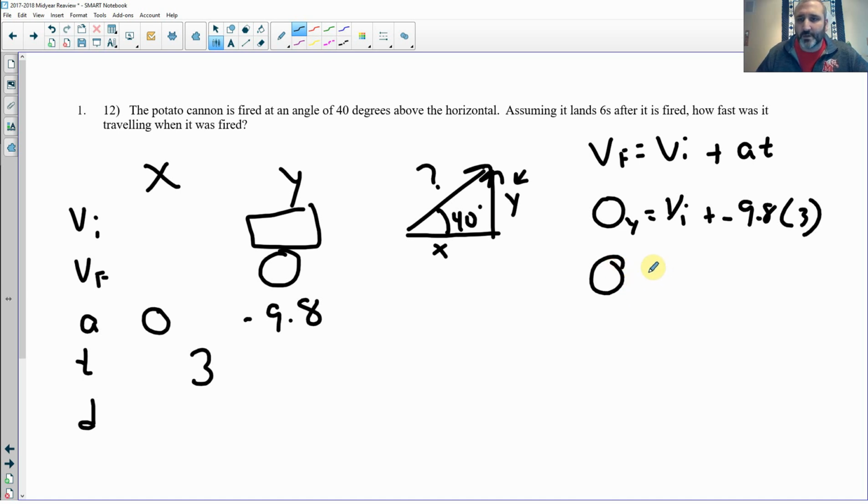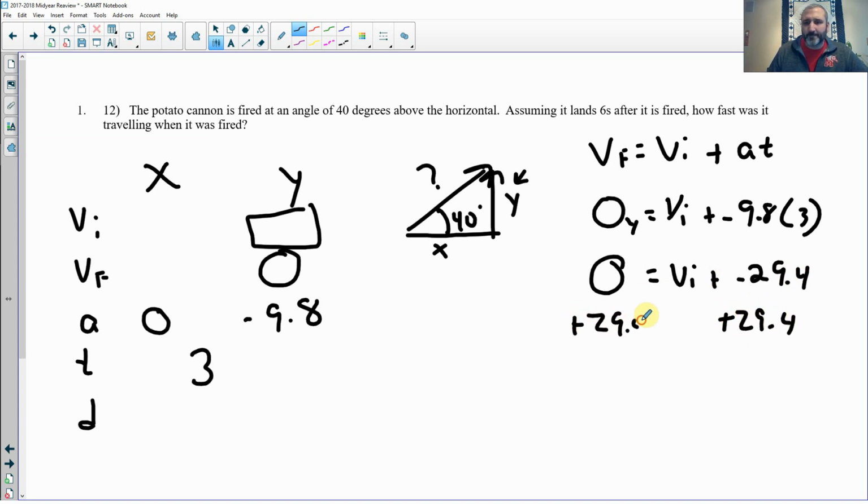So 0 equals VI plus negative 29.4. I'm going to add 29.4 to both sides. So my VI in the y is 29.4. And if we know enough about trig, that's all I need here. I don't even need this anymore.